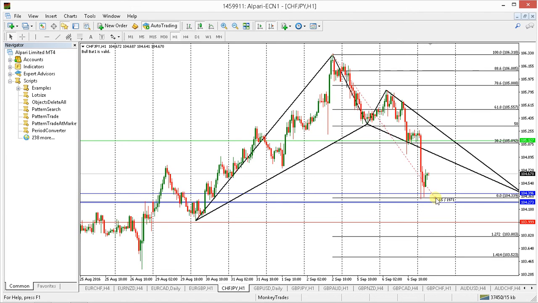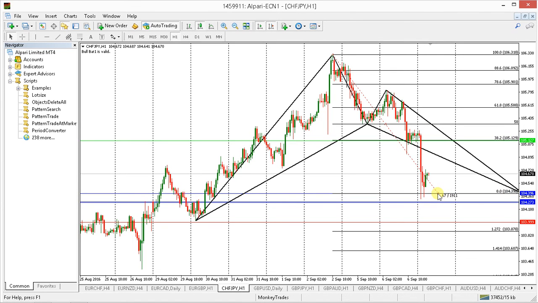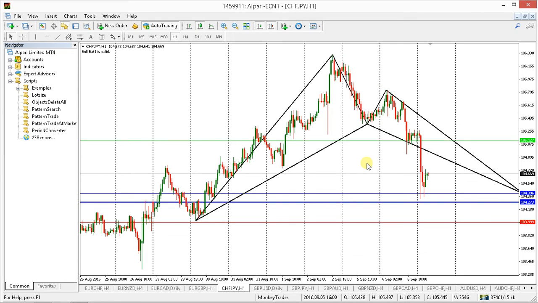But before it hits my entry, my potential target is calculated from the first line of completion of this bat pattern. It doesn't mean only bat pattern 1. It is also true for bat pattern 2, and the Gartley patterns, and cipher patterns as well. It is the rule for all patterns.